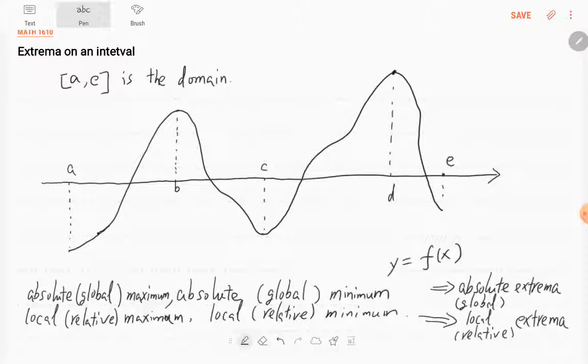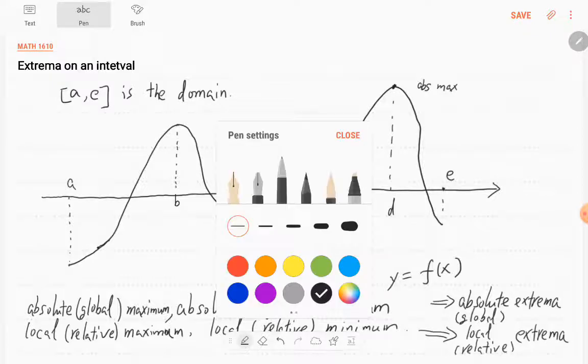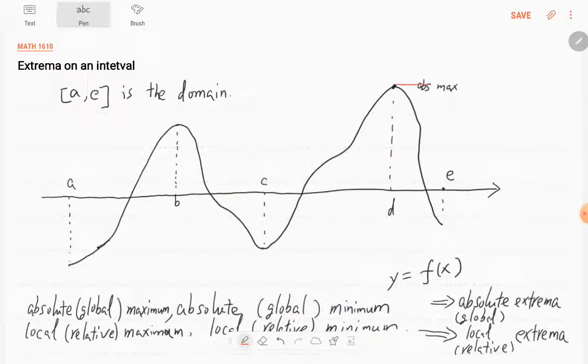The value at this point is called the absolute maximum or global maximum. We write it as abs max, which means absolute maximum.